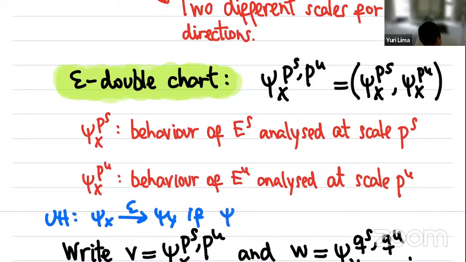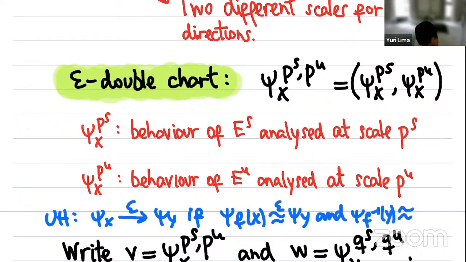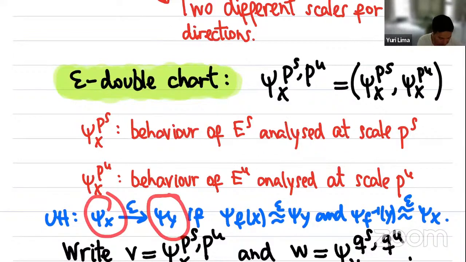So you have the overlap of f of x to y and of f minus 1 of y to x. If you had this, then you could make that change of coordinates to analyze f using these two Pesin charts at x and at y.